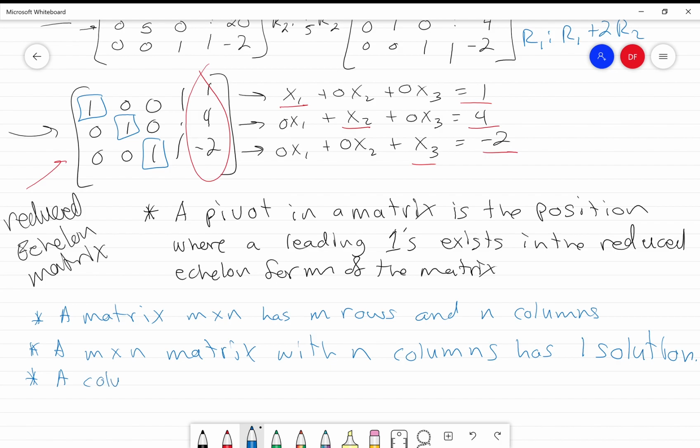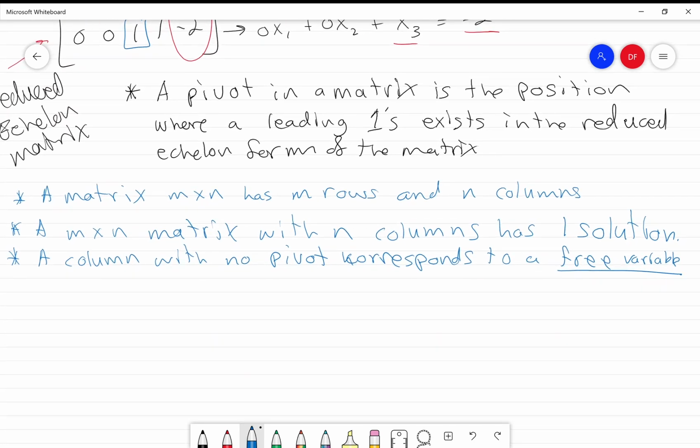A column with no pivot corresponds to a free variable. Okay?